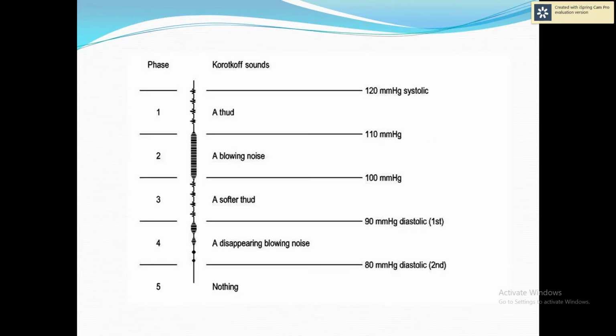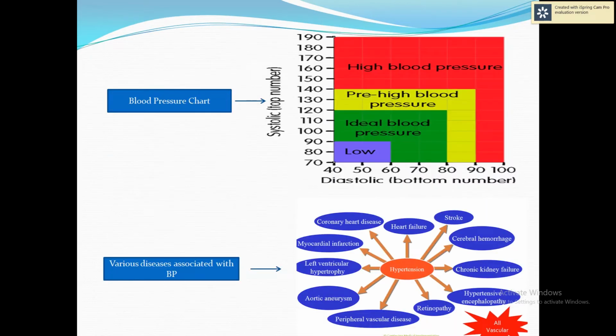So here is a graph which will be showing you the same thing. The ideal blood pressure for systolic is 90 to 120 and diastolic is 60 to 80 mmHg.